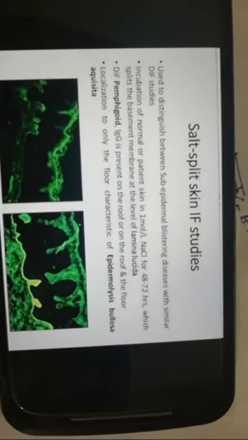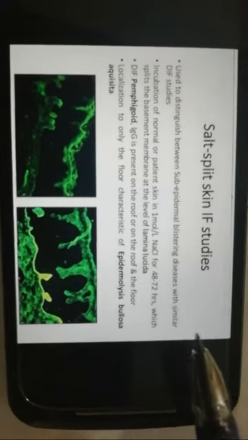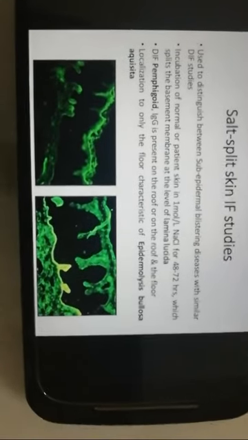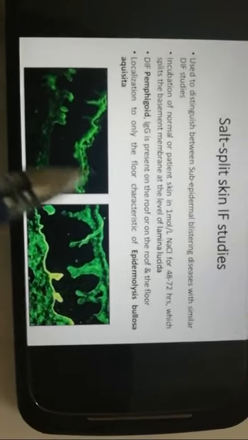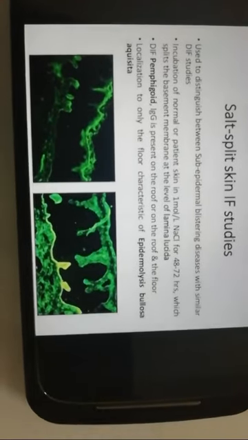So let's go with the next points. You can look at this, this is how the split skin looks. Whenever you do direct immunofluorescence, this is how it looks.